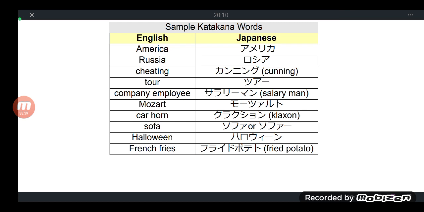French fries is made from a potato, so you say potato as potato. The fried French fries is fried potato, so the katakana part is you make a katakana for the fried potato. Fried potato.